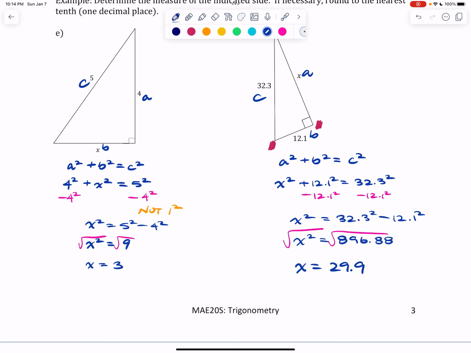So a squared plus b squared does equal c squared. Thus, we can say since a squared plus b squared equals c squared, this is a right triangle.